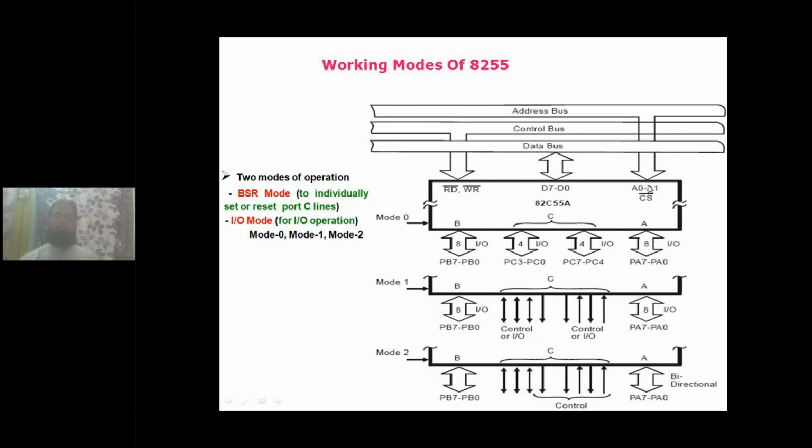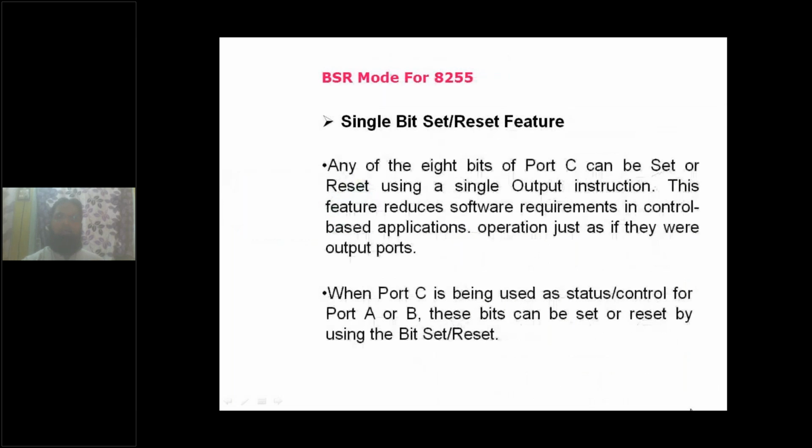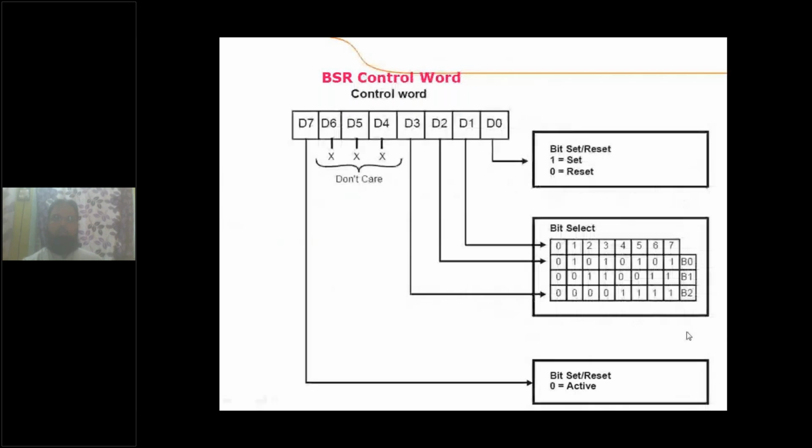Now let us come to BSR mode. BSR mode is such a mode using which the individual port C bits can be set or reset. And this mode is used to control the handshaking signals, control signals. See here. The control word register is of size 8 bits, and this is the bit D7 which decides whether the 8255 needs to be operated in BSR mode or in IO mode.